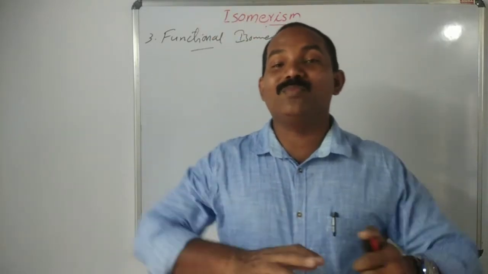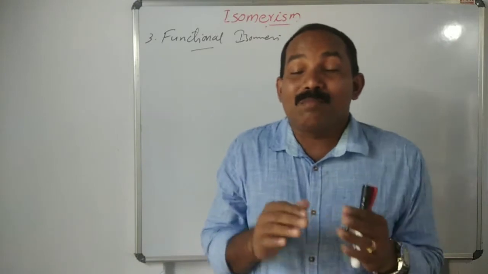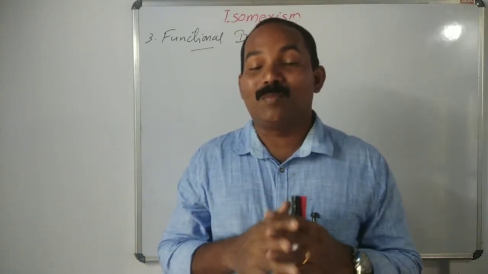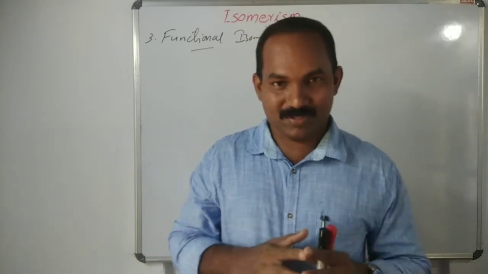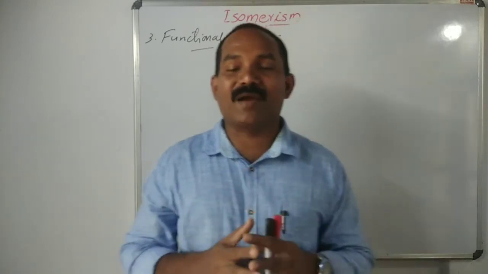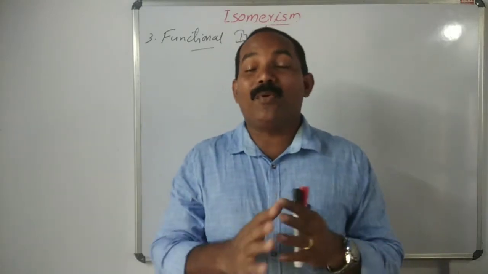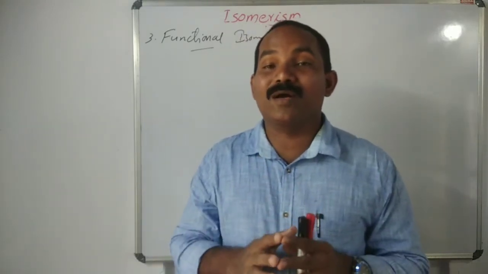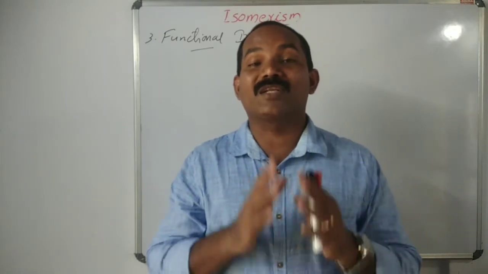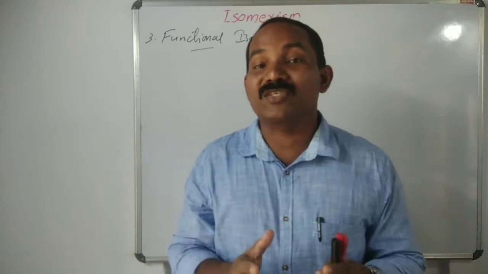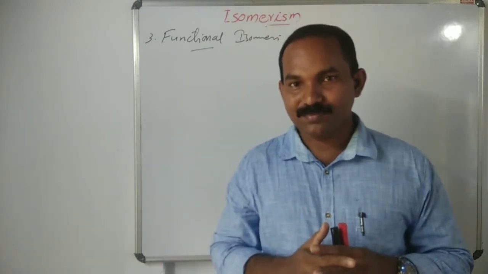Compounds have the same molecular formula but different functional groups in the molecule. Once again I define: functional isomers are compounds that have the same molecular formula but different functional groups, and the phenomenon is known as functional isomerism.